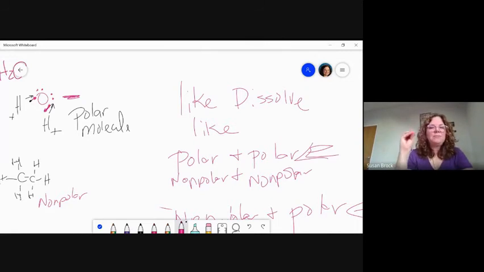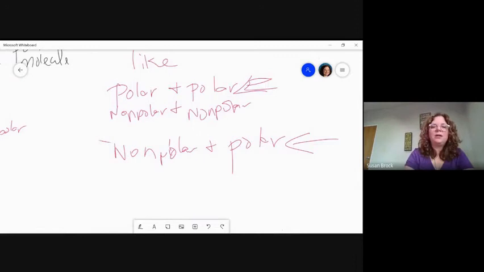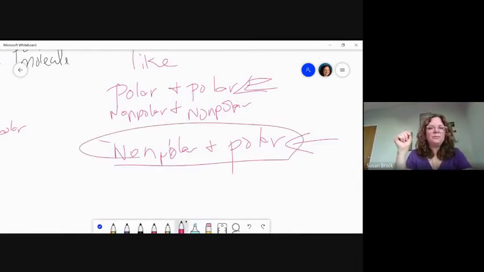If it doesn't mix with water, then it has to be this other thing where it must be nonpolar. So by knowing what water is, then you can figure out what all these other things are. And that is basically your lab.